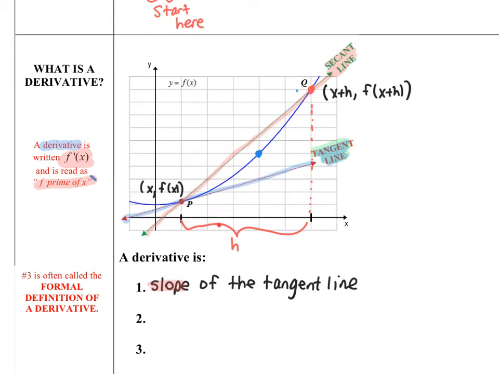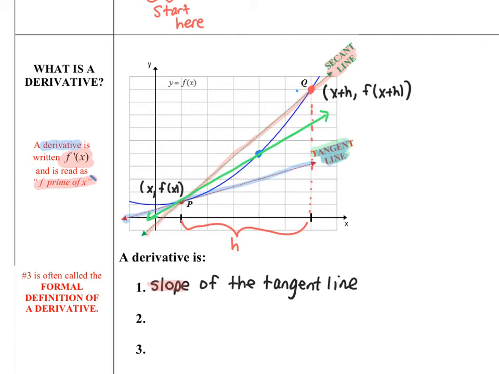All I did was I took that H and I made it just a little bit smaller so that the Q is now a little bit closer, and I'm going to draw that secant line. So now what I want you to notice is that moving Q closer to point P, it took that secant line and it made its slope a little bit closer to that slope that I'm after, that tangent line slope.